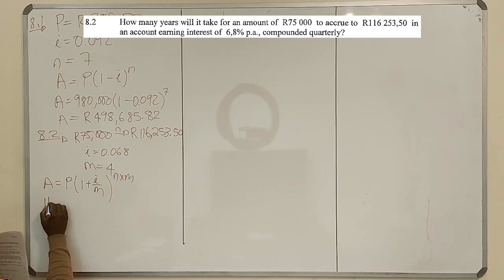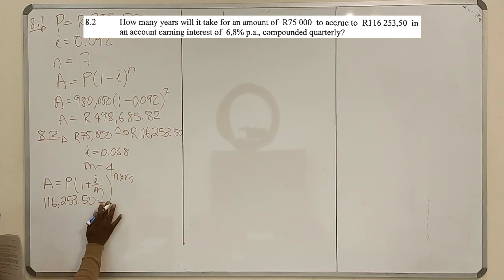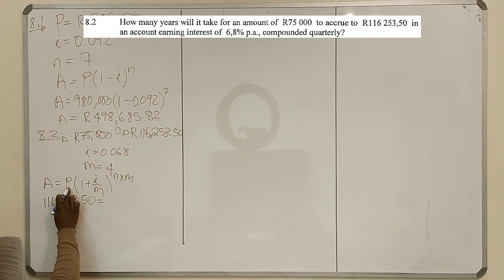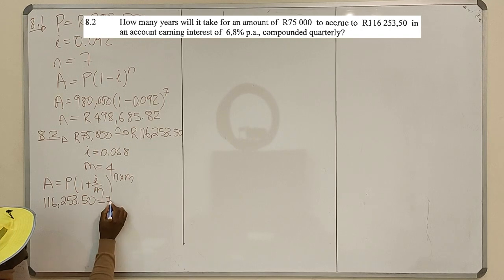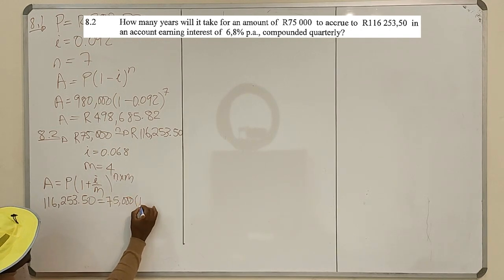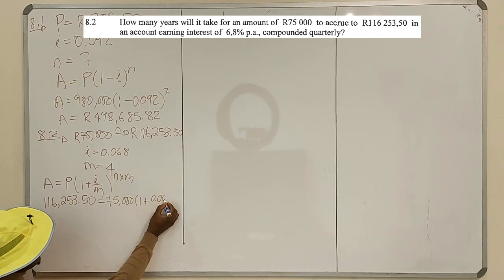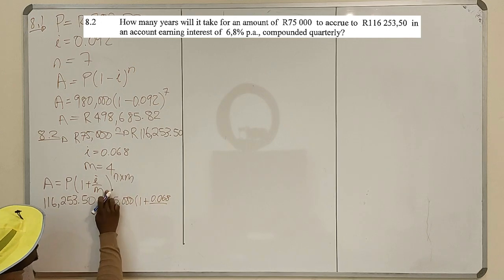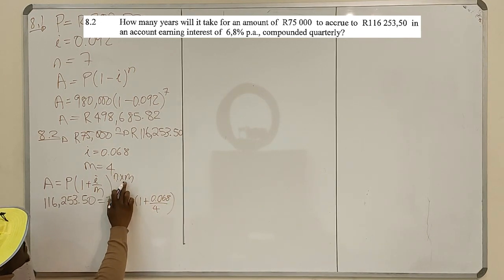So my accumulated amount, this 75,000 accumulated into that. So we have 116,253 rands 50 cents is equal to P. What is your P? The amount that you invested, which is 75,000, times 1 plus your interest rate, 0.068, over your compoundings, which is 4, raised to n times m.